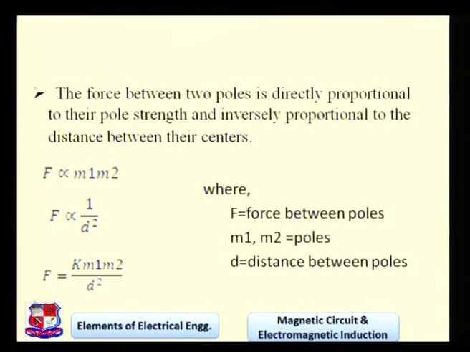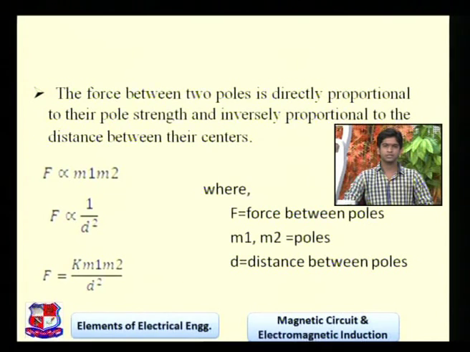The second law says that the force between two poles is directly proportional to their pole strength and inversely proportional to the distance between their centers. We have seen electrical field, in which there are two charges, and the law says that the force between two charges is proportional to the product of the charges.